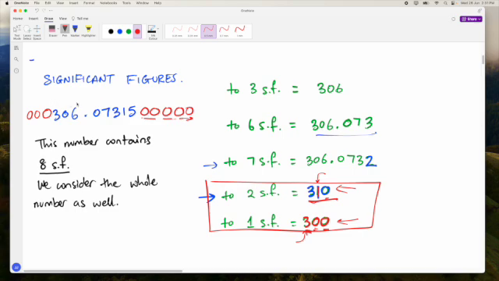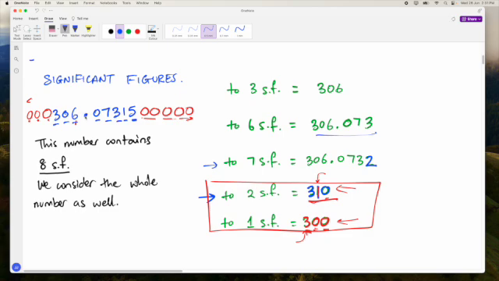And in the whole number, any zeros you have before don't really matter. Because this is 306. If you have $306 and you put zeros before that, no matter how many zeros you put, you will still just have $306. So this number contains 8 significant figures. You can see the blue figures here, 1, 2, 3, 4, 5, 6, 7, and 8.